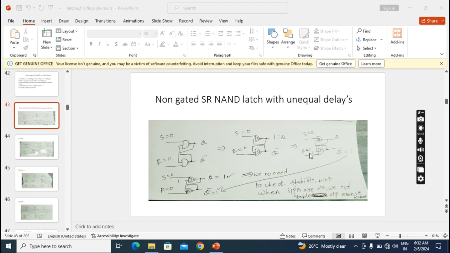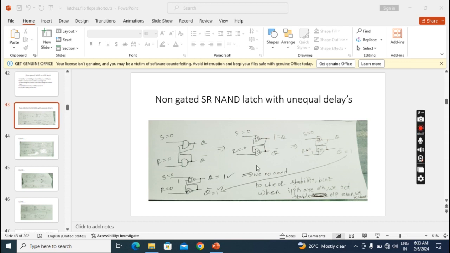Now if any one input is 0, I will get 1, so Q bar is 1. This is the difference with unequal delays. You have to get the output of the faster gate first, then feed back that output to the other gate's input. Suppose the below gate is faster, first I have to predict Q bar, then feed this Q bar back to the above gate.